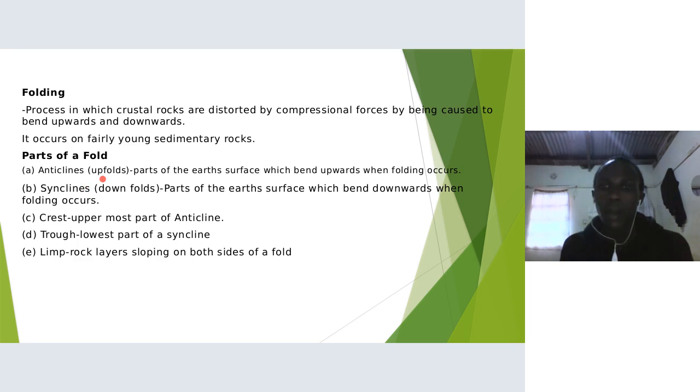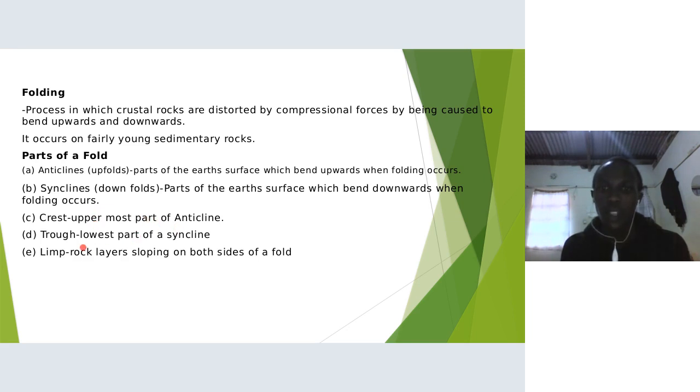The upper part is what we call anticline. Our second one is syncline, in brackets downfold. This is the part of the earth's surface which bends downwards when folding occurs. We also have crest, which is the uppermost part of the anticline.